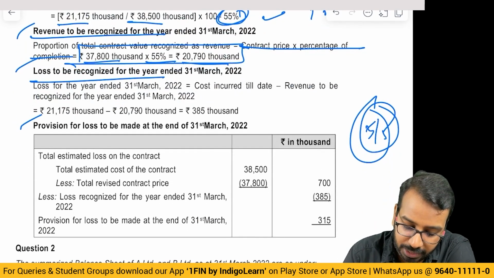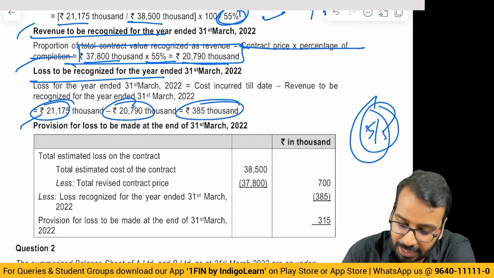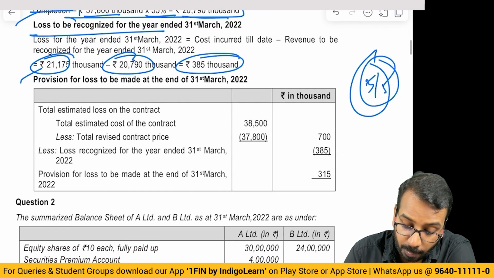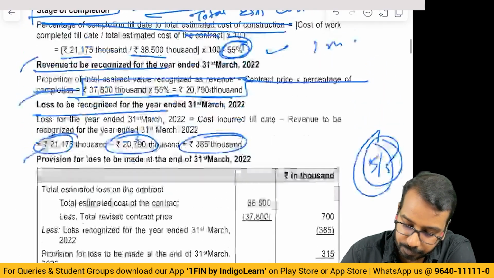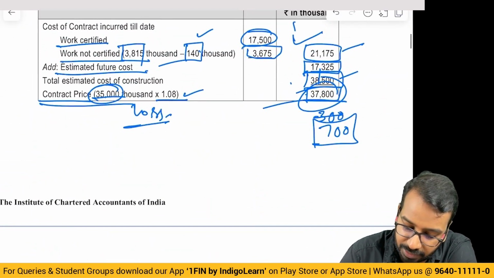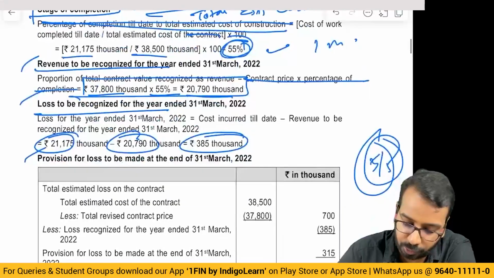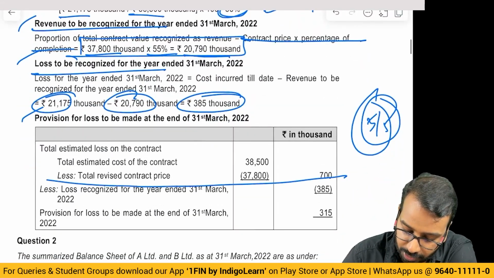Then loss to be recognized, that is cost incurred minus revenue, 385, and additional provision for loss that you have to make. Here itself we can calculate loss is 700. So no need to do this working again. This working you can skip.